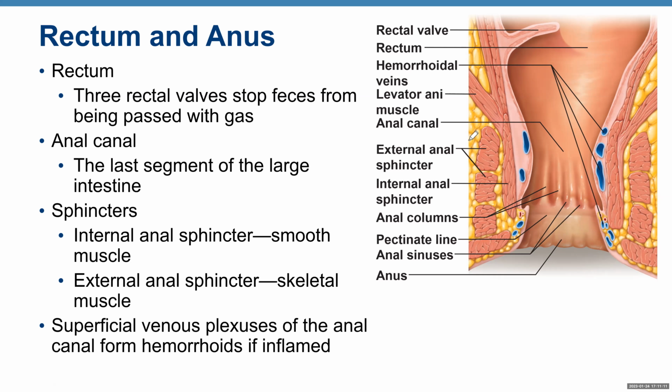We have superficial venous plexuses of the anal canal that can form hemorrhoids if inflamed. So you can see lots of veins here, very superficial. When we have inflammation, they can protrude, even through the anal canal to the exterior, and this might be a very painful condition, and plus they can bleed.